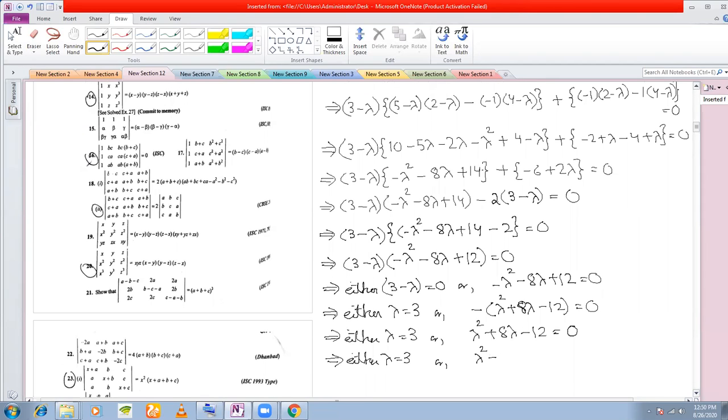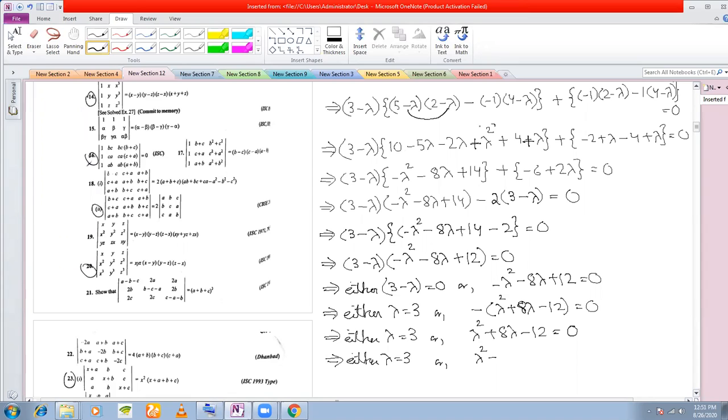Let's see. 3 minus lambda. 10 minus 7 lambda plus, so this is plus lambda square. Plus lambda square. And this is plus 4 plus lambda. Okay. See here. This minus minus becomes plus lambda, isn't it?